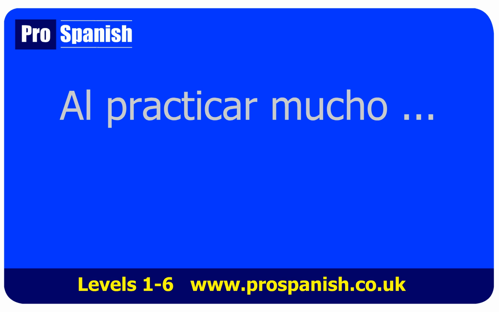Al practicar mucho, by practicing a lot, and then however you want to finish the phrase, you will learn quickly. Aprenderás rápido, for example. So, al, to say by doing something.